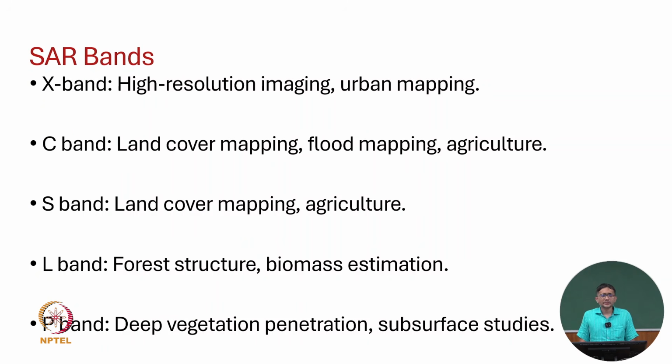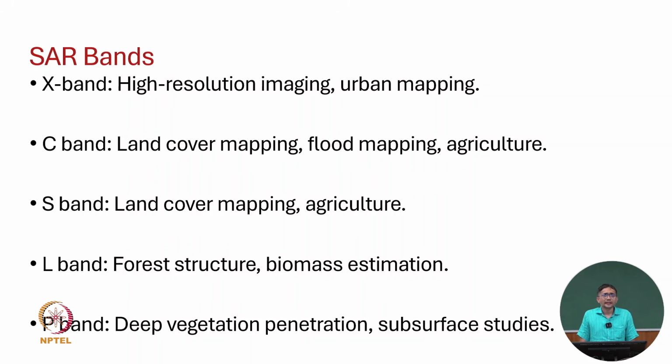So talking about the SAR bands a bit, we have X band, which provides high resolution images and is very useful for urban mapping. We also have C band, which is often used for land cover mapping, flood mapping, agriculture.